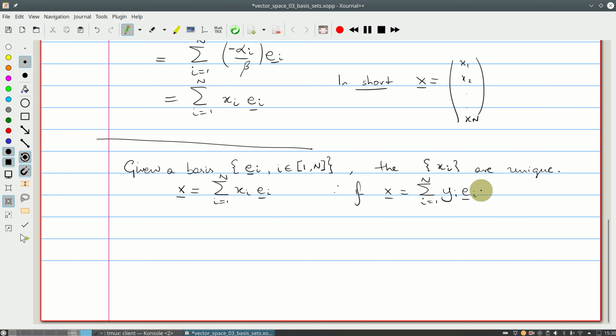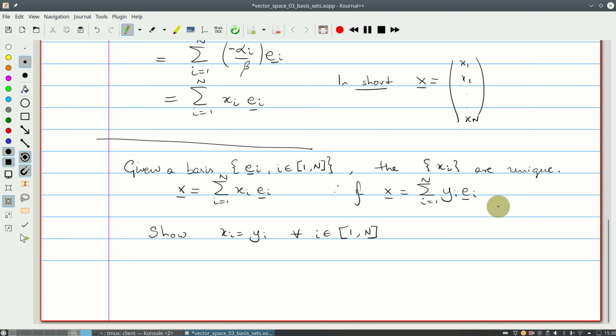So can we show this? All right, so let me repeat then. This expansion set is unique given a basis, which means that if x is written as the sum of xi times ei and also the sum of yi times ei, then we must have, so we have to show this now, that xi is equal to yi for all i in the set 1 to n.